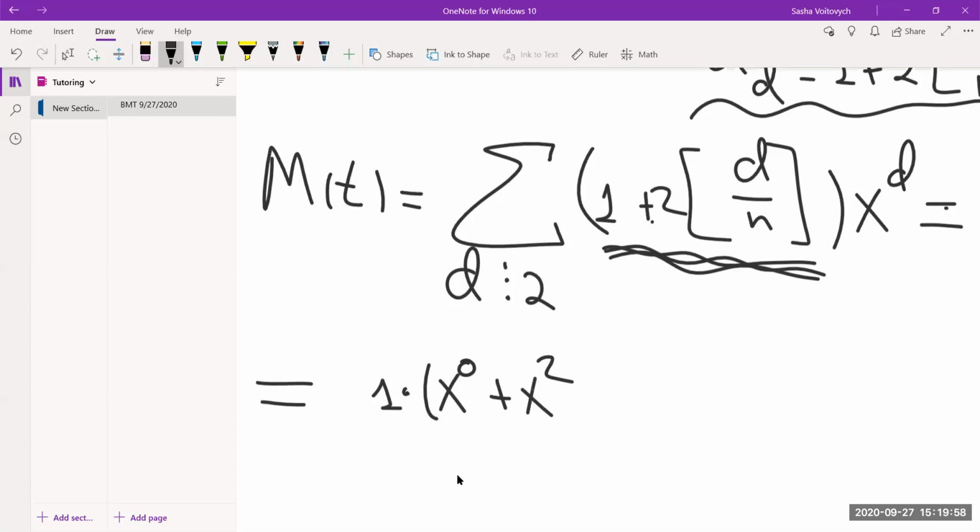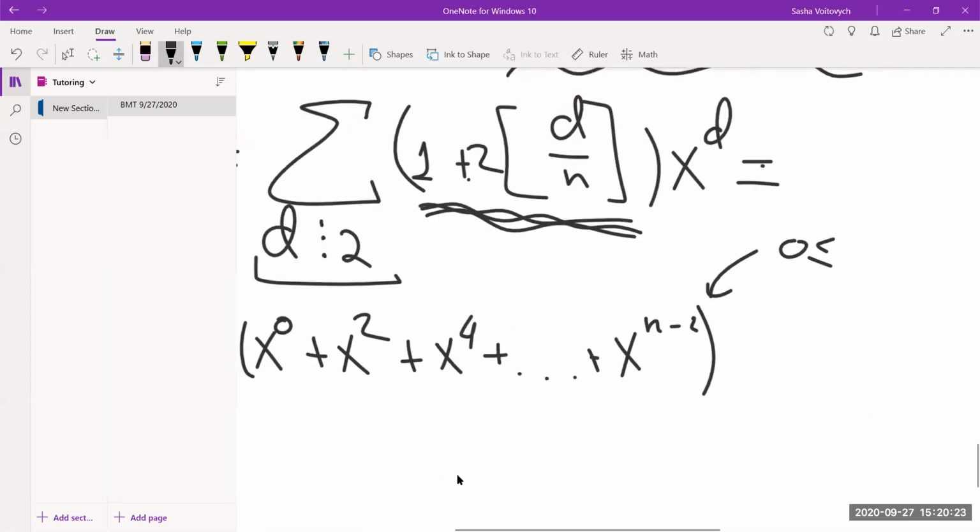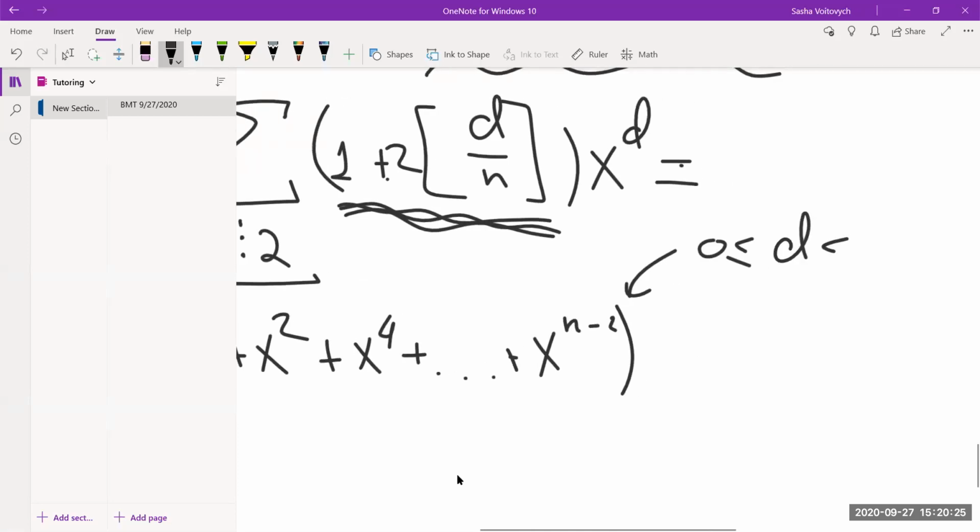Also note that we're only interested in even powers because the coefficients of odd powers are 0. We proved that previously. This continues until we reach n minus 2, so this corresponds to 0 less than or equal to D less than n.